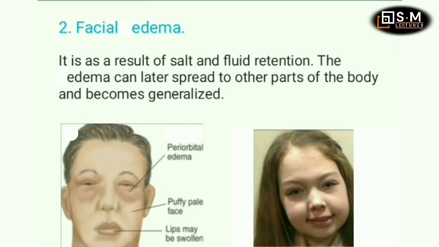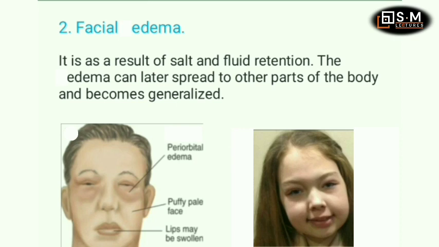So when the kidneys or the renal system fail to excrete this salt, it will accumulate within the extracellular spaces or even the intracellular spaces. Accumulation of the salt in the ECF will now cause movement of water into that space.